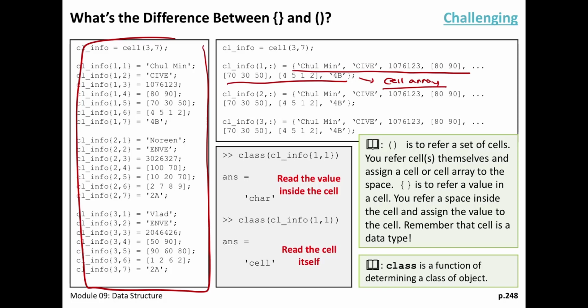In this case, you need to refer the cell array space, not the value space in the cell. That's why you're using this parenthesis. What it means is that this one is referring the first row of cell array.